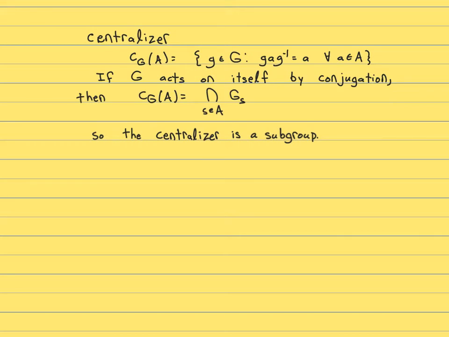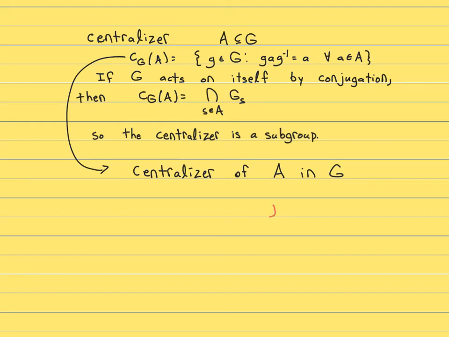So the first thing is called a centralizer. So here, A is now a subset of G. And so given any subset of G, the centralizer of A in G, it's good to write out how you read this out loud, is by definition the set of group elements such that when you conjugate A by the group element, you get A. It's worth pointing out this conjugation business always looks kind of weird, but the other way to think about it is it's saying that you have commutativity, gA equals Ag.